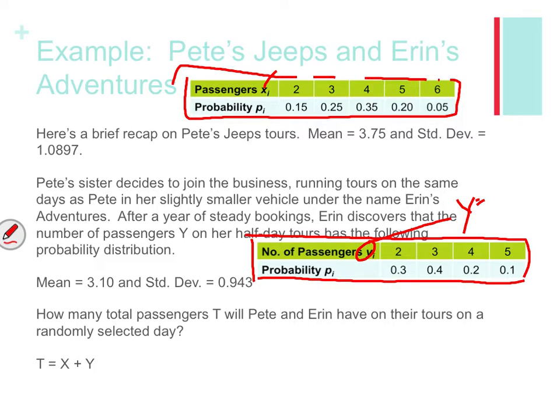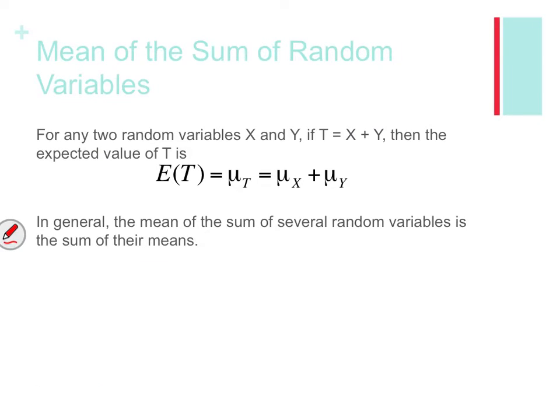So T, which is both of theirs, would be his passengers plus her passengers. Let's see what happens to the means and the standard deviations when we're combining.